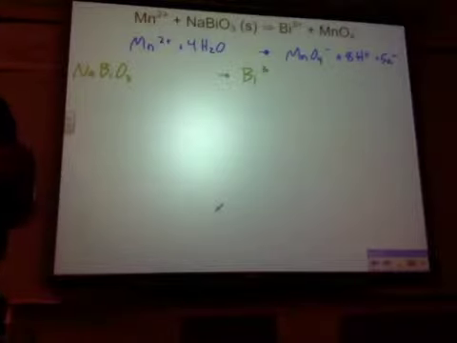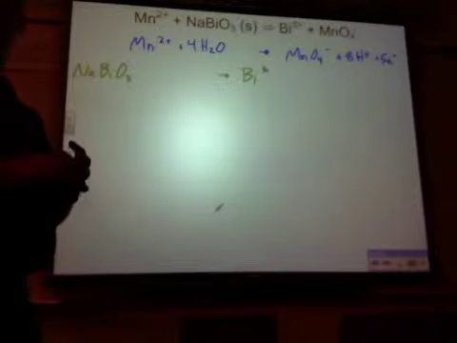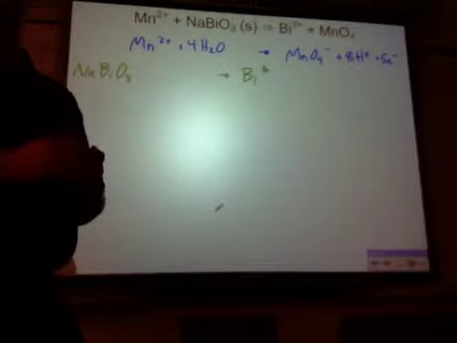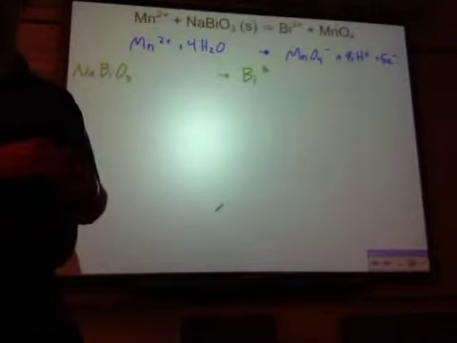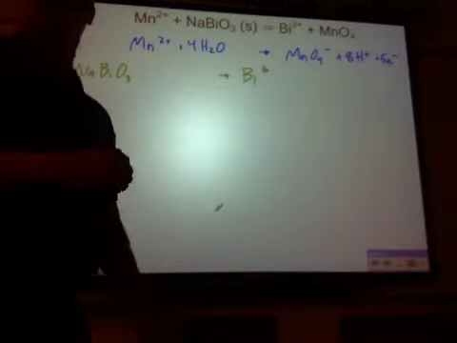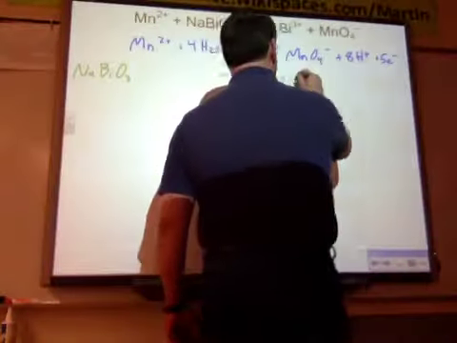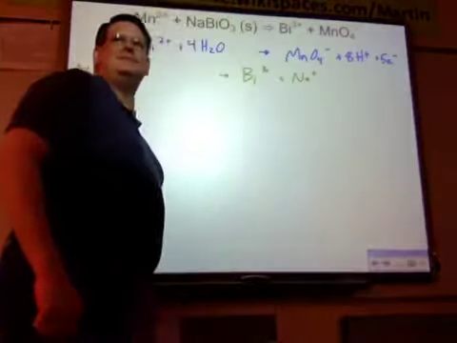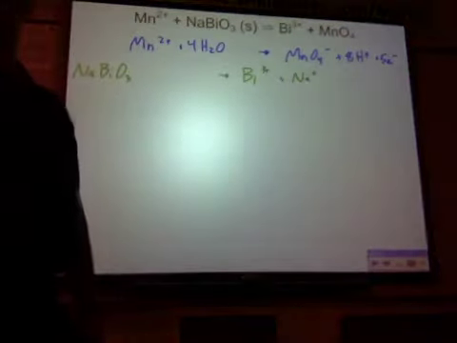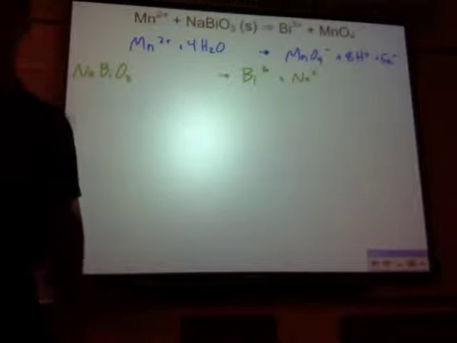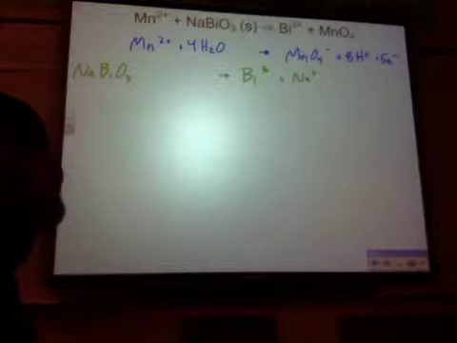Sodium. And what did we say sodium was going to do? Dissolve. When sodium is in a solution, what form does it take? Na plus. It takes the form of the ion, sodium ion. So we're going to add Na plus. When sodium dissolves, it always exists as sodium ion, Na plus.